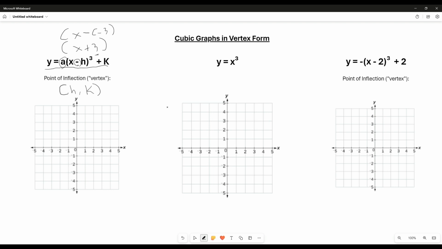So if we were to just graph this equation in its most basic form, the vertex is at h, k. So let's just put a point here and say this is hk. Then you move over to the right 1, and you move up a.